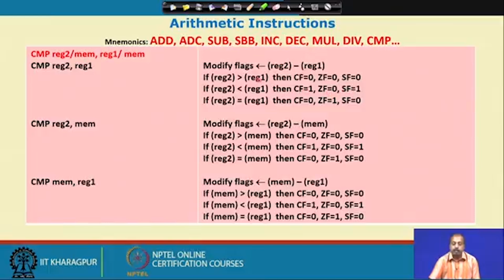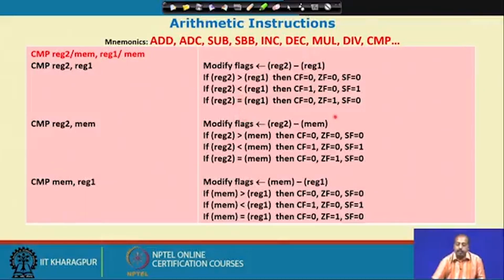So, basically by this we can check for the less than condition after this comparison. If you put a jump on less or something like that, then if the carry flag and sign flag are set, that will mean that there is a comparison where register 2 was really less than register 1.